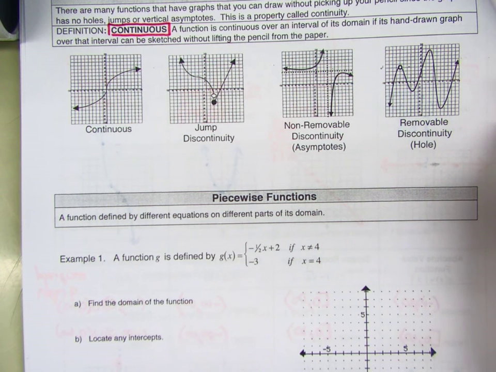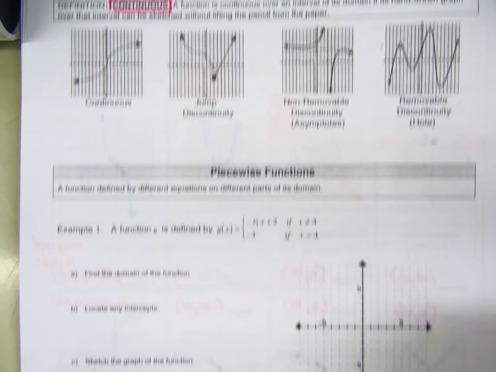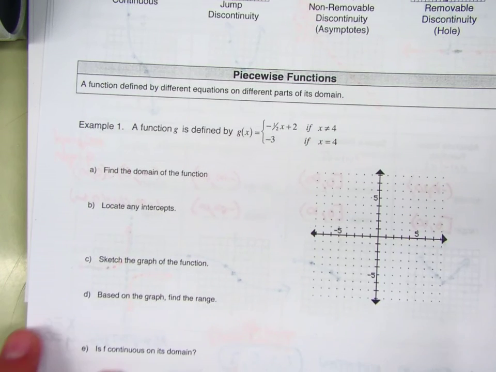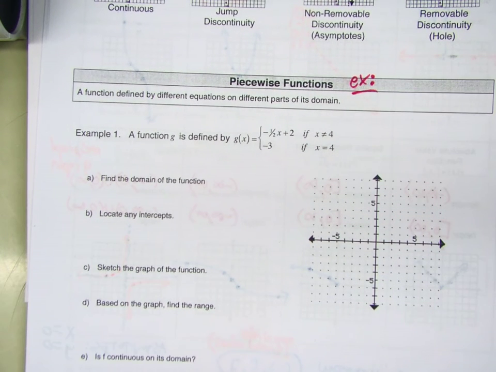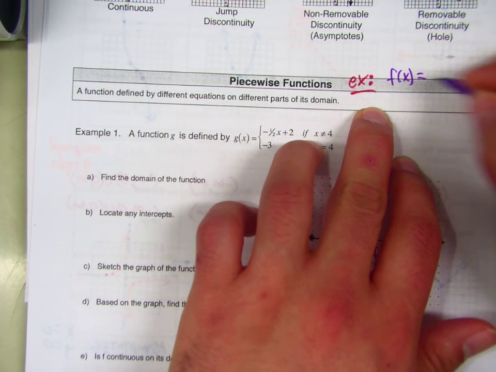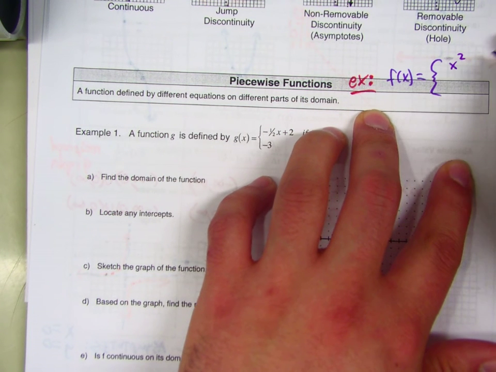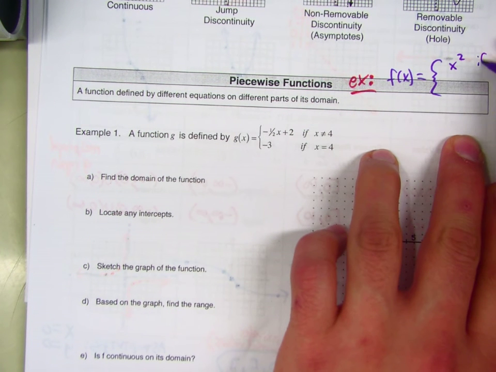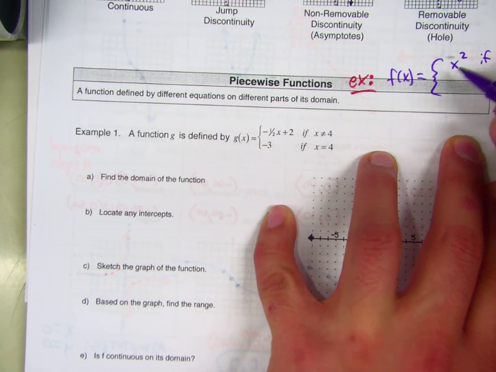And before I do this graph, I'm going to do a separate piecewise example. And then we're going to stop there. Okay? Let's say I wanted to graph a function that looks like this. x squared if x is less than 0.